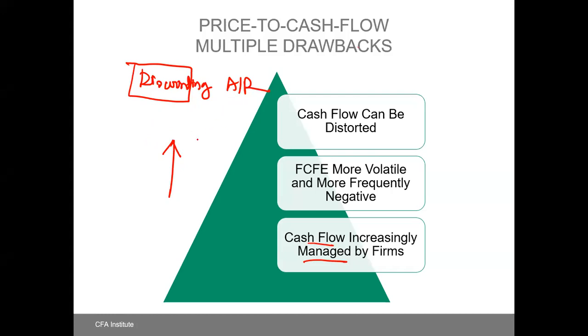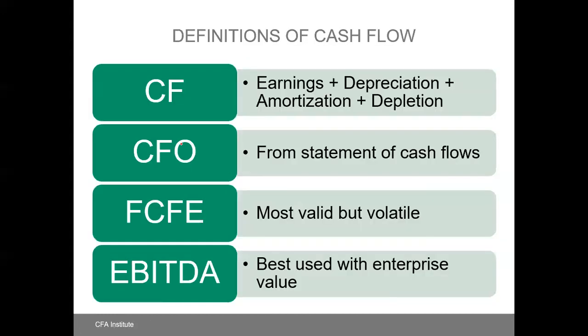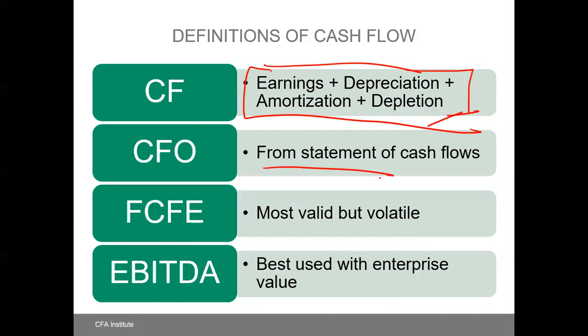So let's see some of the alternative definitions of cash flow with which we are mostly familiar. What we mentioned at the very first is the EBITDA definition of the cash flow. Another definition of cash flow is the cash flow from operations. Another definition of cash flow is the FCFF.